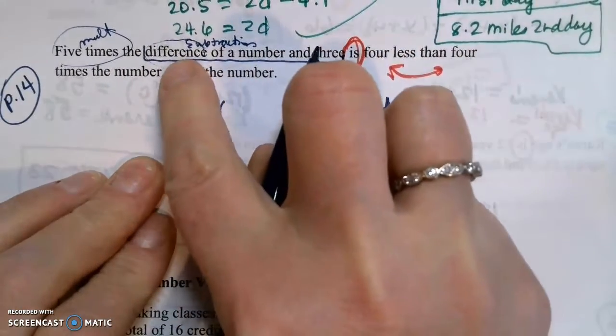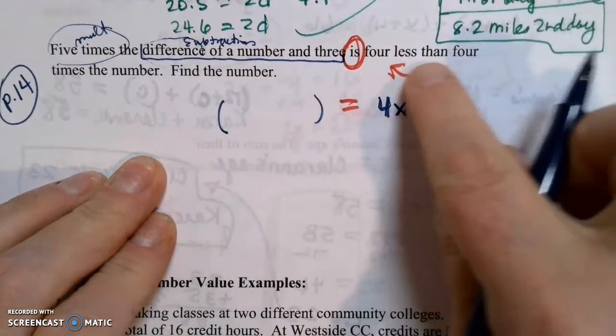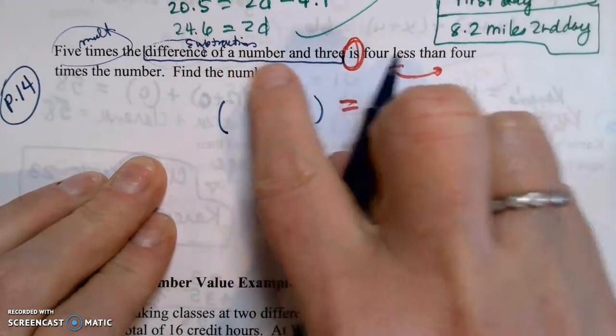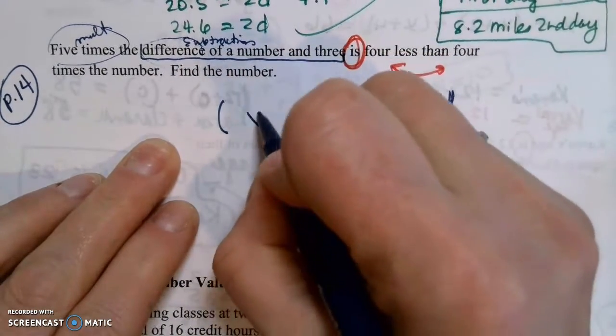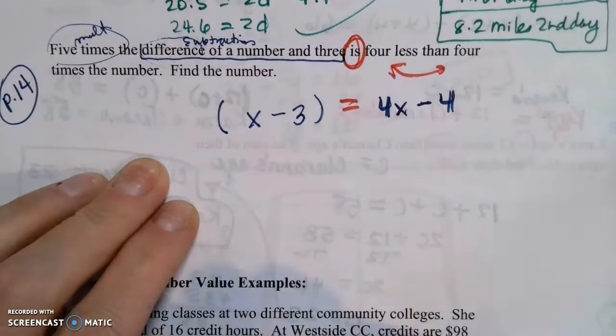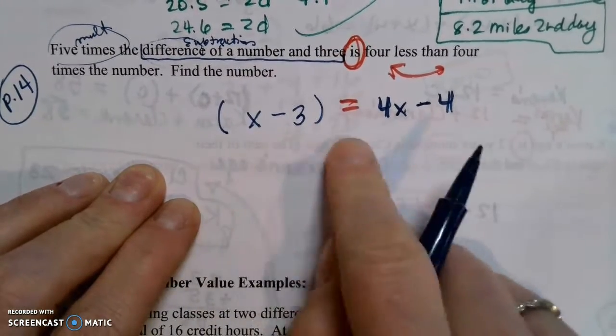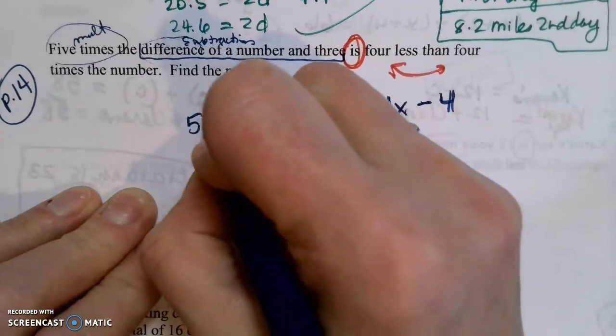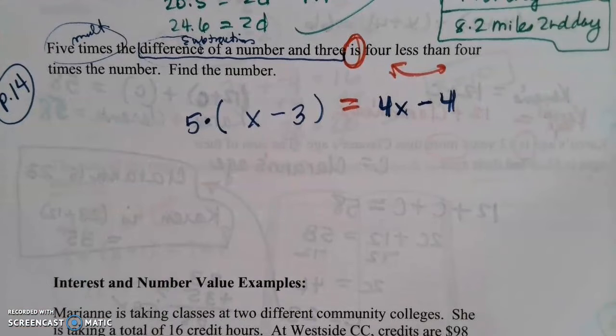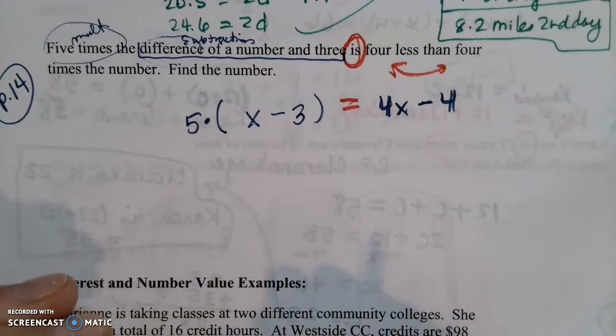And since it's just difference, not that less than situation, we're going to put it in directly as it is. So it'll be x minus 3, difference of x and 3. And then 5 times that, so that 5 would be on the outside of the parentheses. So then we have that equation created, and we can go through and solve it.